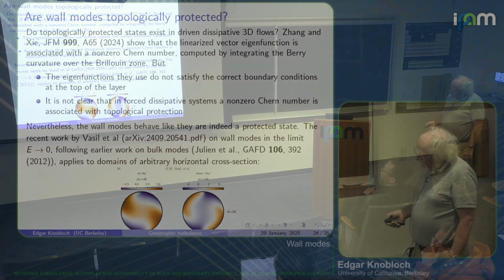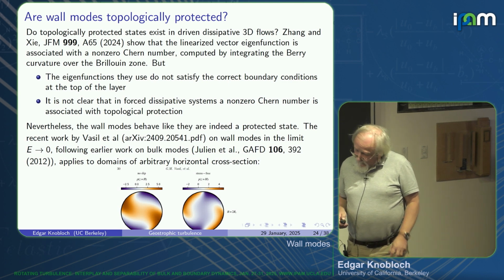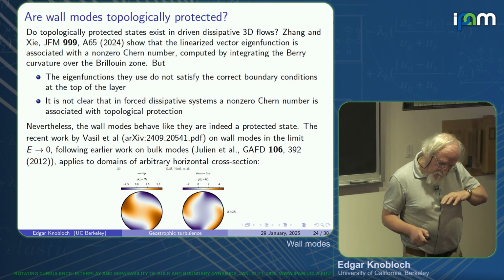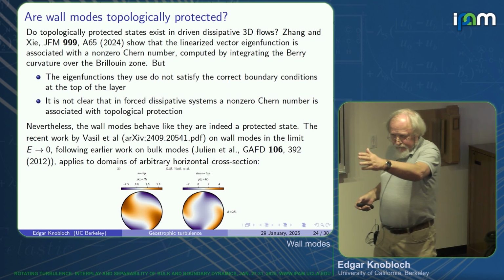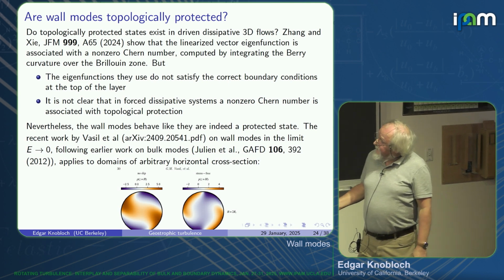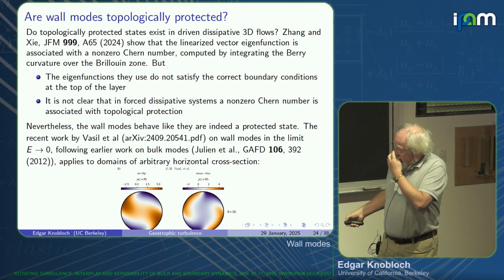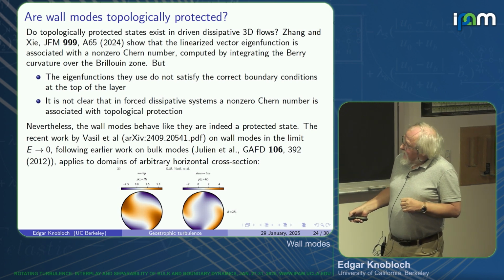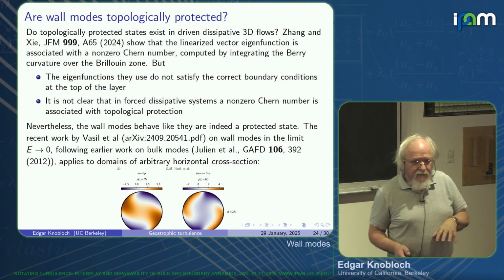And it also, I think, is relevant to this recent paper by Jeff Vasil, where he looks at wall modes in the rapid rotation limit. This is with Keith and Daniel and various other people, Keith Julien also. And these are the type of states that they compute in the rapid rotation limit. The important thing about this paper is that they say and show that it works for arbitrary horizontal cross-sections, right?